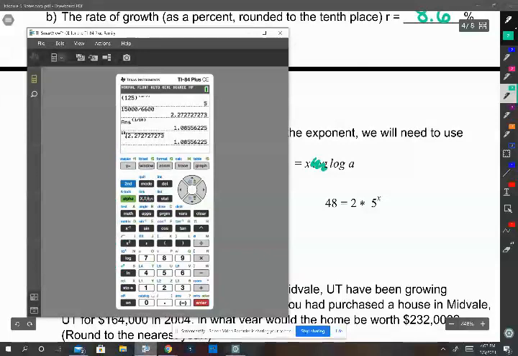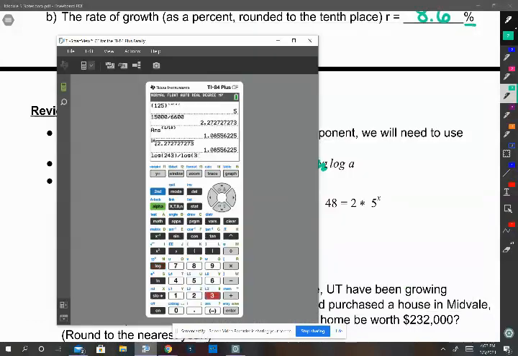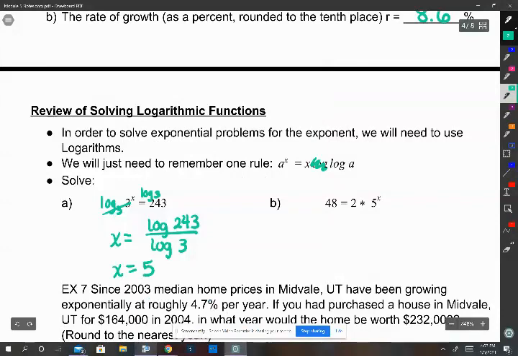So you're going to go log of 243, close your parentheses, divided by log of 3. And we get 5. Now, another way to look at that would have been 3 to what power is 243, and this one comes out nice, and maybe we know that.